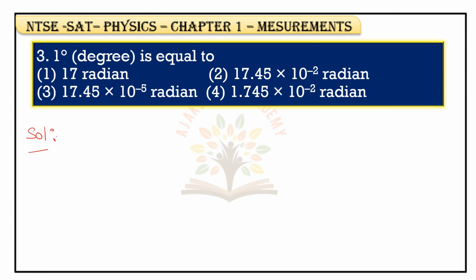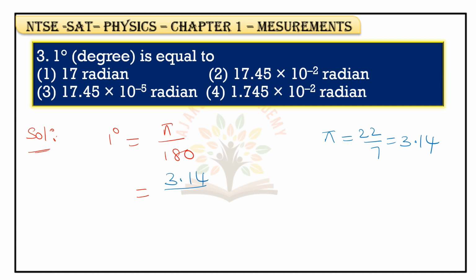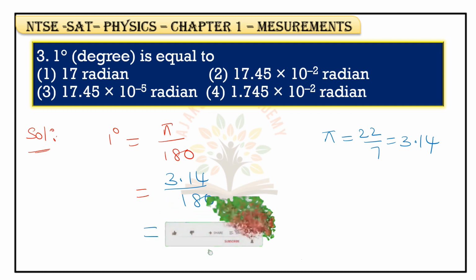1 degree is equals to pi by 180. Pi is equals to 22 by 7 or 3.14. So substituting pi value here, 3.14 by 180. After division, we are getting 0.01744.